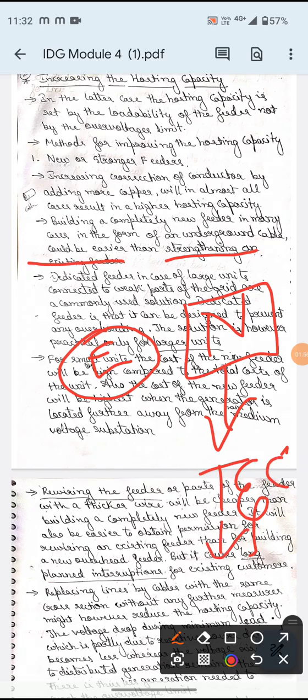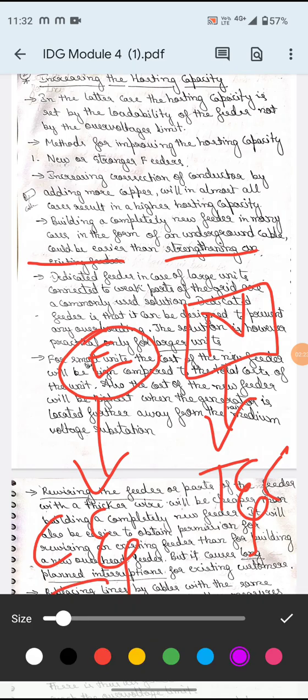Sorry, it is costly and it takes time, okay. But when we replace the existing one, it is cheaper, but it will be a problem to the customers because we cause an interruption, okay.